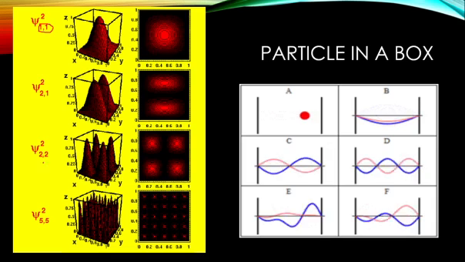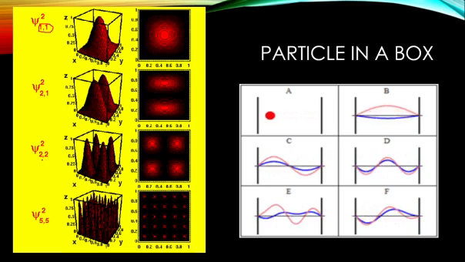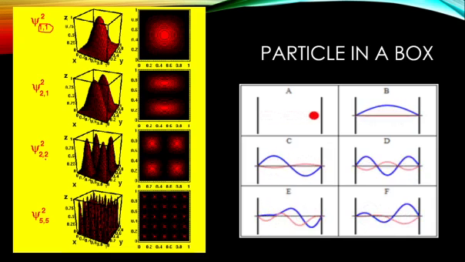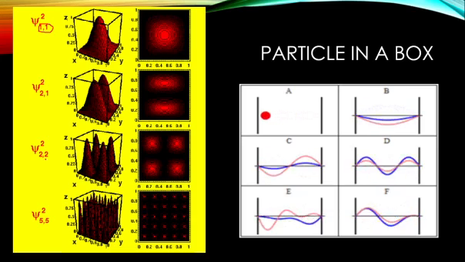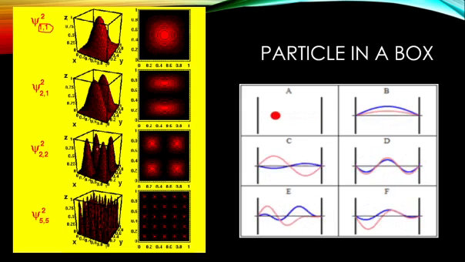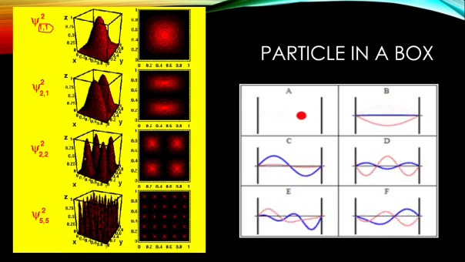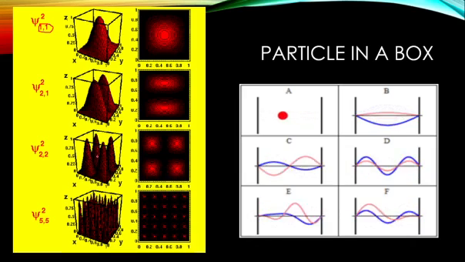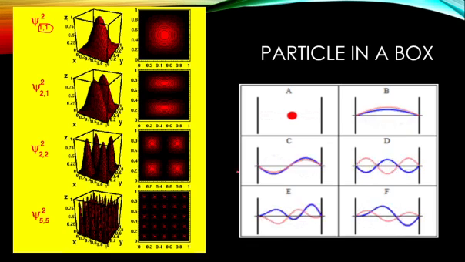As the integer values increase, the energy also increases, so correspondingly you will be able to find the particle in many positions. There is more probability for finding the particle, so there are more energy possibilities.